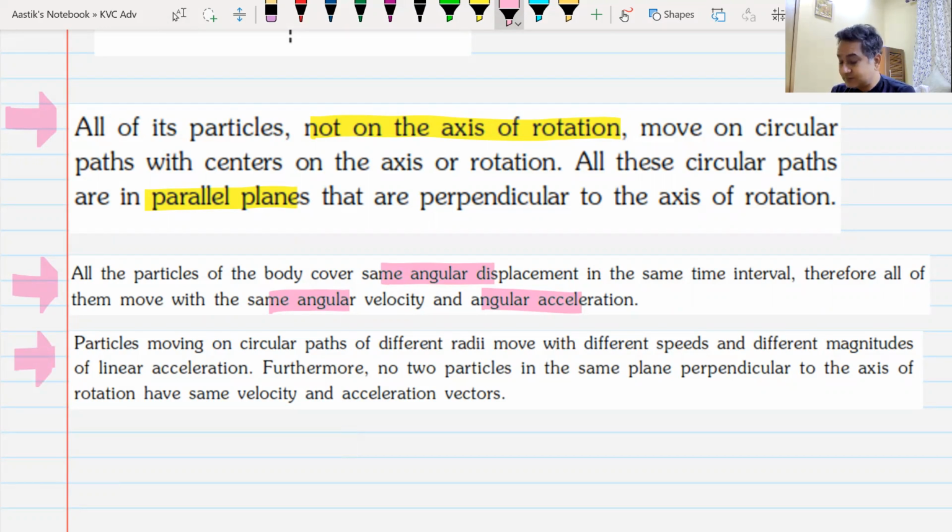Do you understand this? Yes, sir. They are moving with different radii, with different speeds and different magnitudes of linear acceleration. Okay.